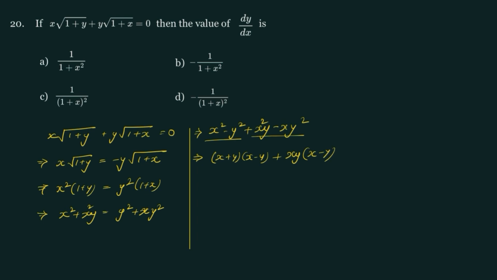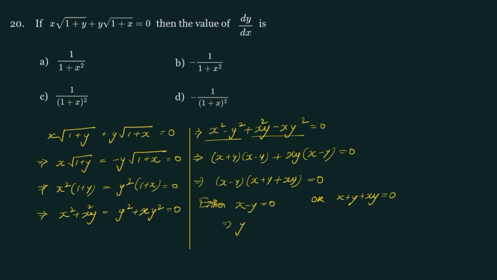By the way, this is all equal to 0. Let us take out x minus y common, then it will be x minus y, x plus y plus xy equals to 0. So either x minus y equals to 0 or x plus y plus xy equals to 0.